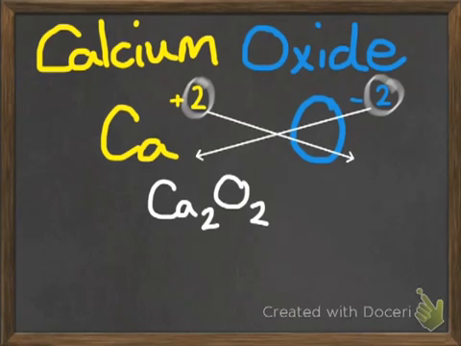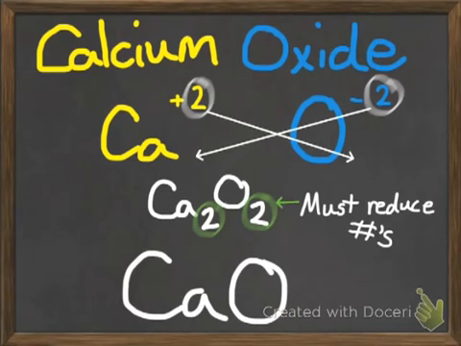Okay? So what we do is we find the highest whole number that will go into both of the 2's for calcium and for oxygen. So naturally the highest whole number that would go into those is also 2. So when we reduce that, then that gives us CaO.